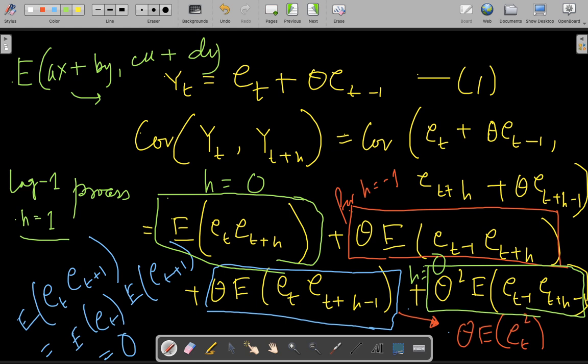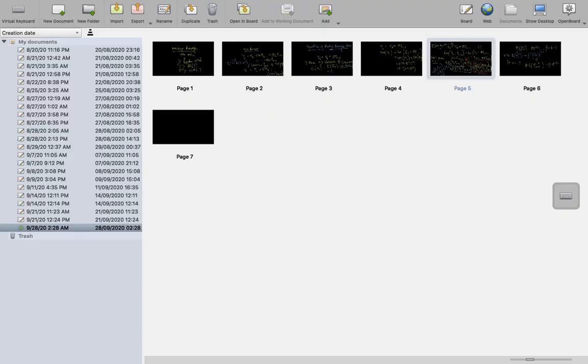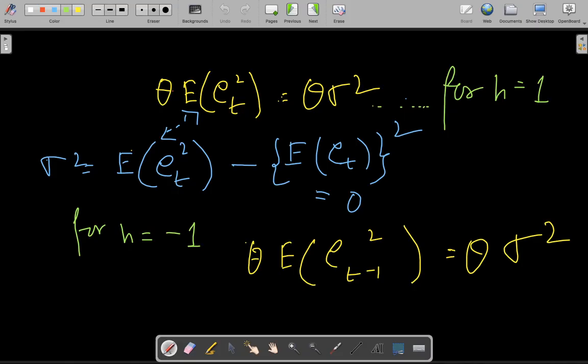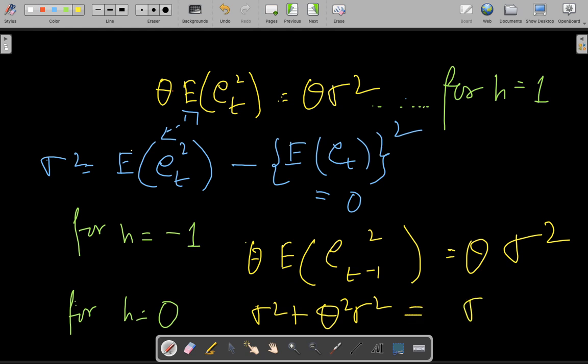So for h is equal to 0, this value is sigma square plus theta square sigma square, which means I can simply take sigma square times 1 plus theta square.